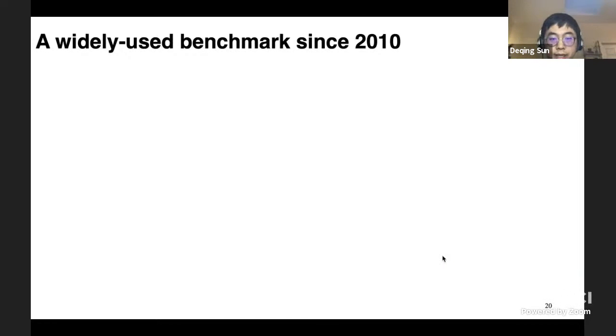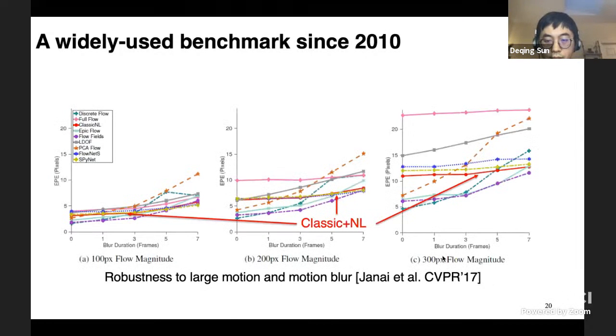Since it was published in 2010, it became a widely used benchmark. And even in a study in 2017 done on real data, it works reasonably robustly, across different motion magnitudes and also different motion blur.